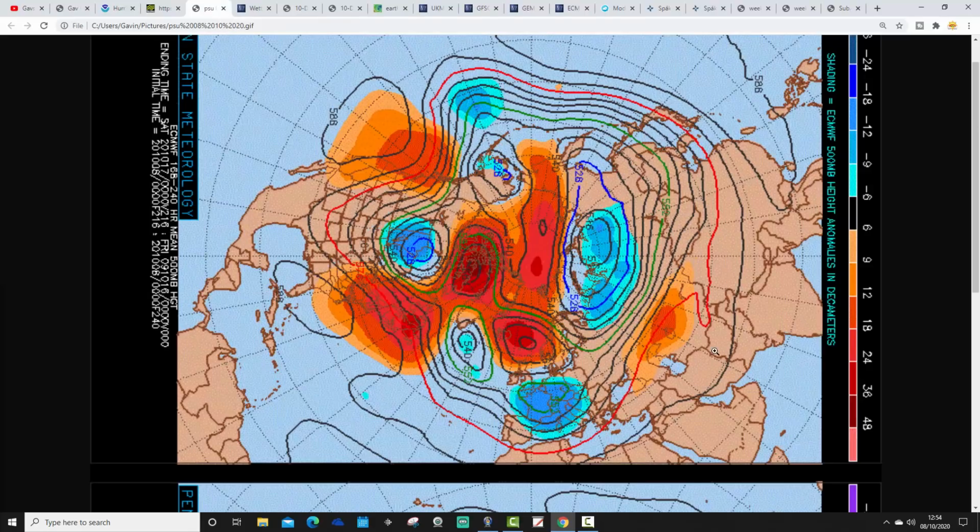These are the 500 millibar height anomaly flow charts from Penn State University for the next week to 10 days, with the ECMWF on the top and the GFS on the bottom. So 500 millibars is an area of high pressure and low pressure being moved around by the jet stream running above. Red represents high pressure, blue low pressure. You can see that with the ECM we've got this area of above average heights sitting over and to the north of the country, extending back into the Arctic and over to Greenland as well, so proper northern blocking with a trough of below average heights to our south.